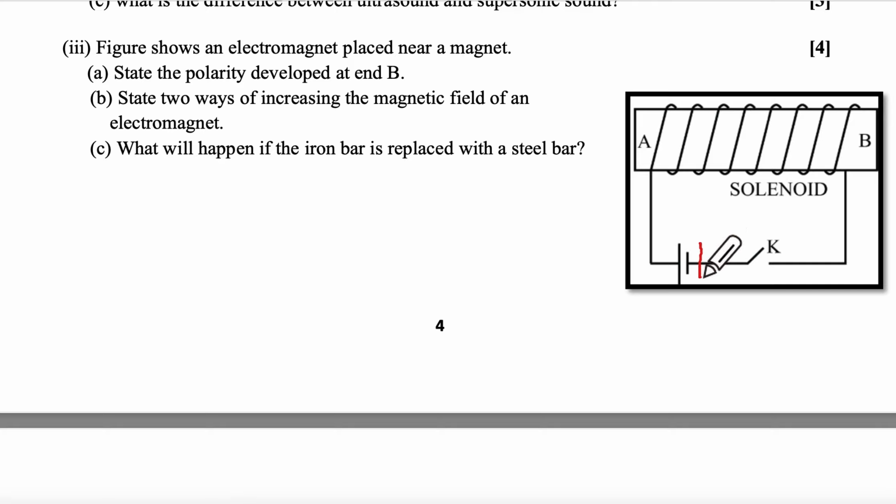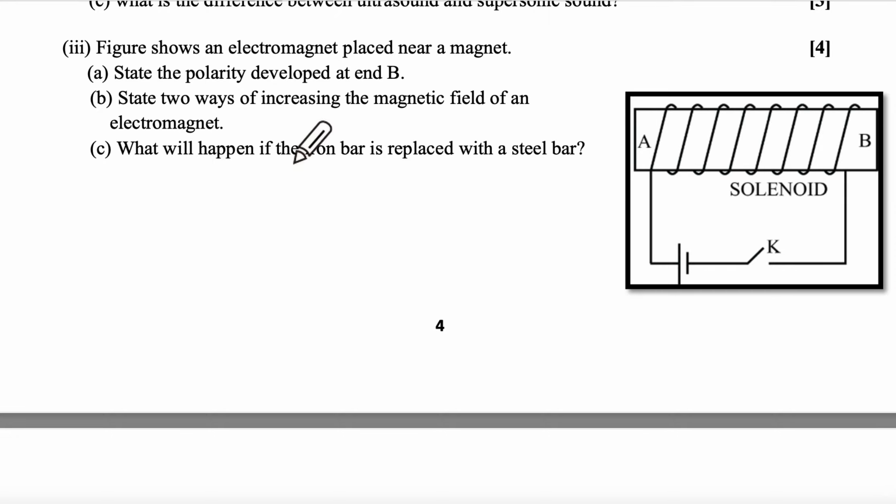If they say they added 2 more cells here, that means 3 times the supply they are getting, correct or no? So the magnetic field will be tripled. Understanding? If this is 3 times and the number of turns is doubled, because of this it will become 3 times, and because of doubling it will become twice. So in total it will be 6 times. Did you understand?